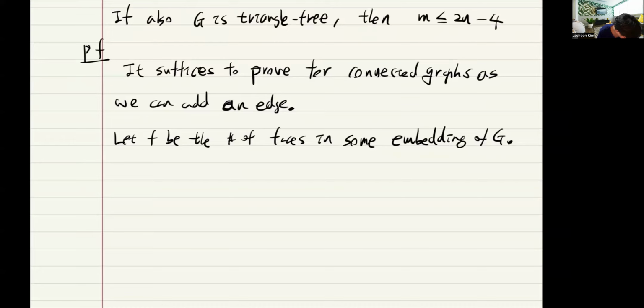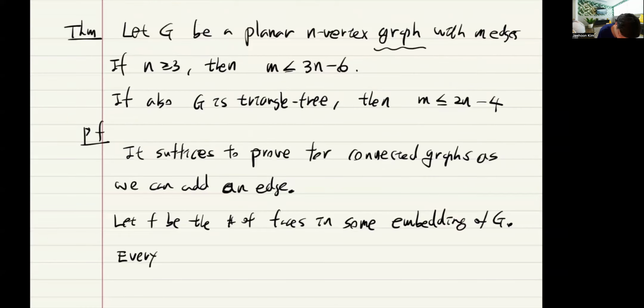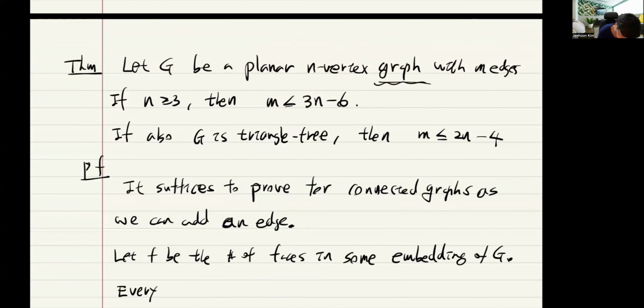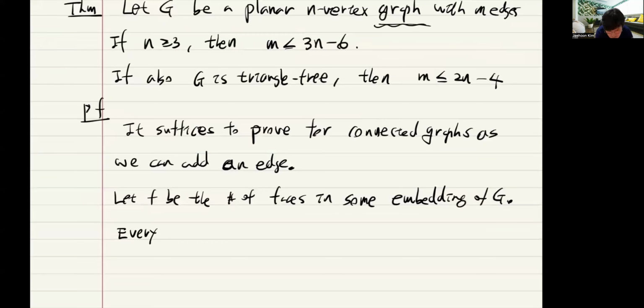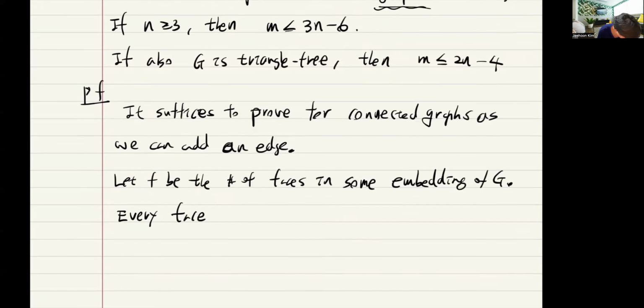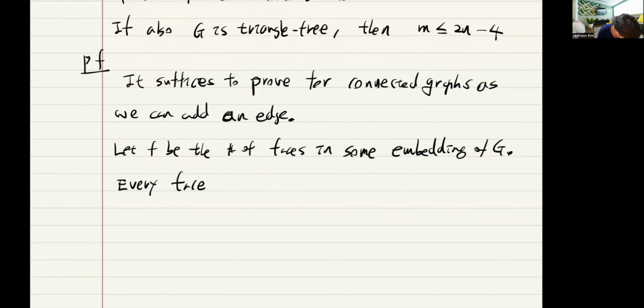Now what? We know that this is a graph, not a multigraph. That means there is no loop or multiple edges. The only case that a face is enclosed by one edge or two edges is if there are loops or multiple edges.